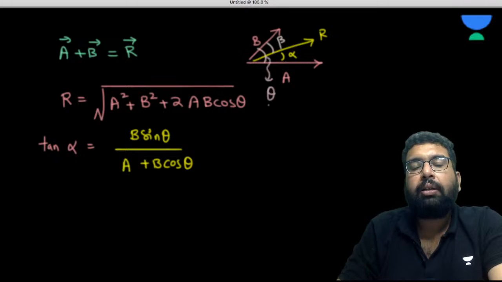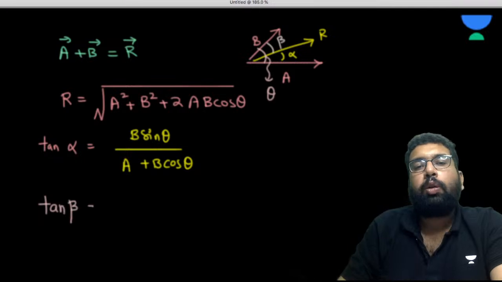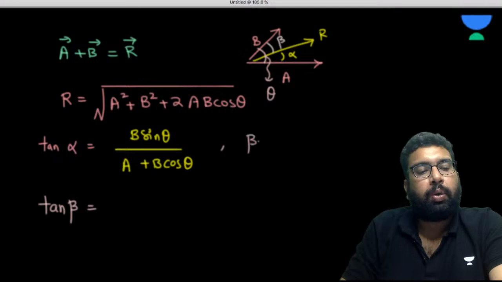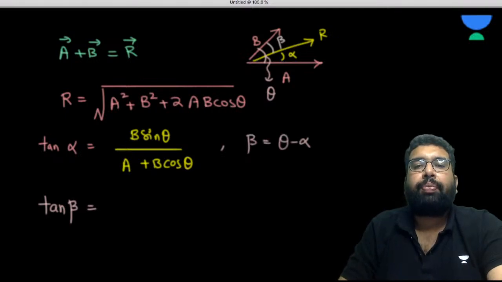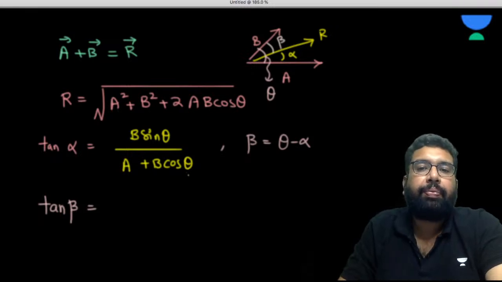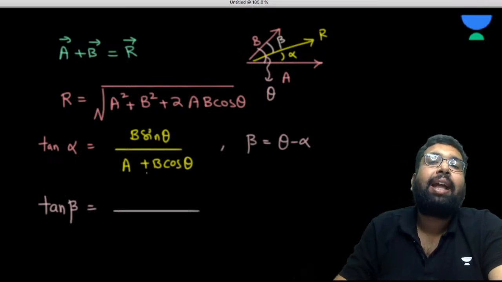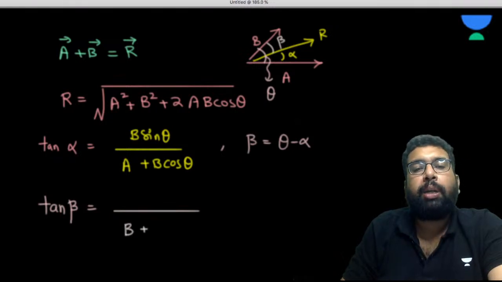Now, if we want beta, either we can do this, or if we have the alpha, then obviously beta is going to be theta minus alpha. Understood, beta? And for this tan beta, the beta angle is taken from B, so you are keeping B alone in the denominator. The remaining vector magnitude you can use like this.